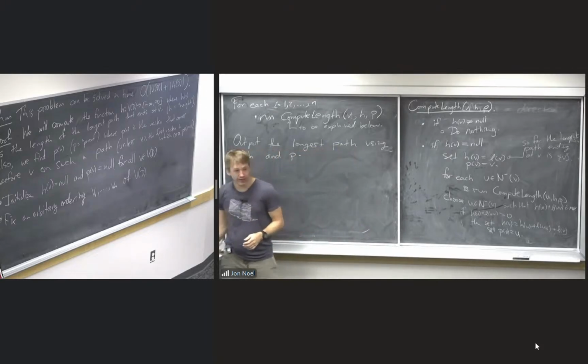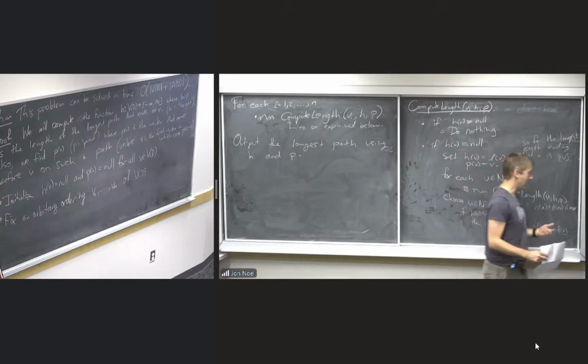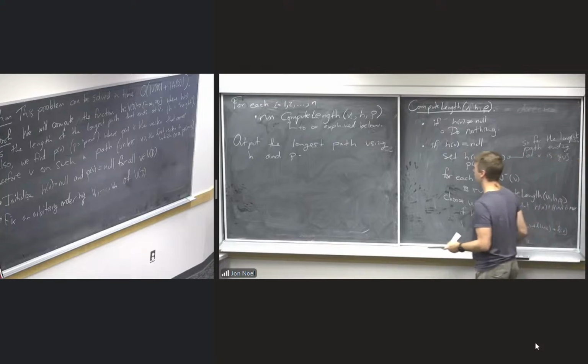Okay, so what we need to do then is make sure that this is correct and make sure that it runs in time big O of the number of vertices plus the number of arcs.